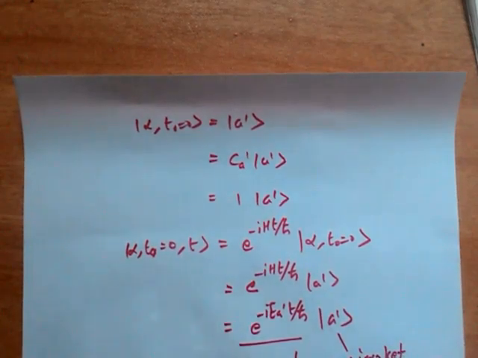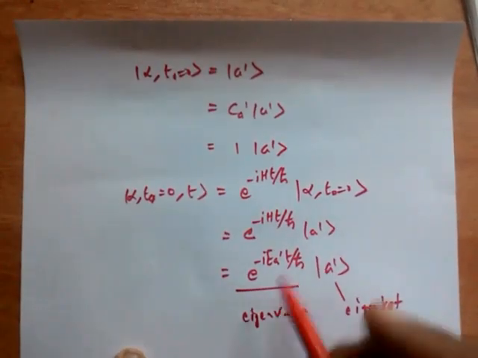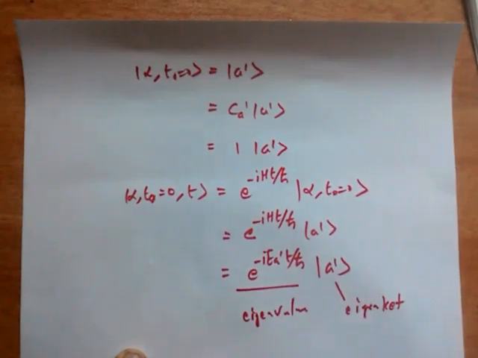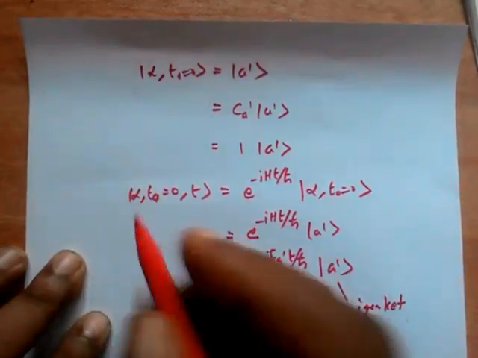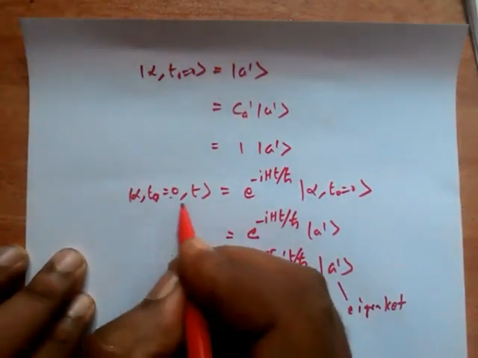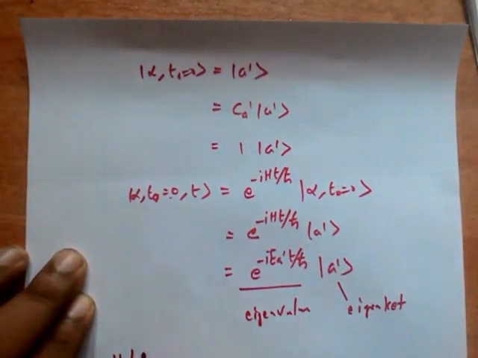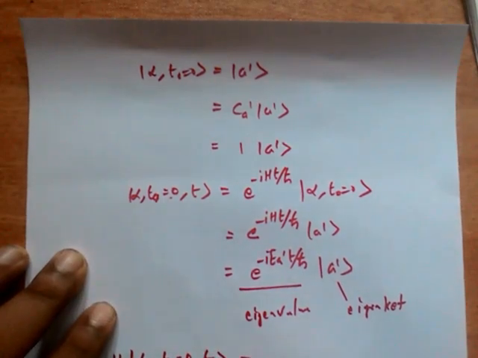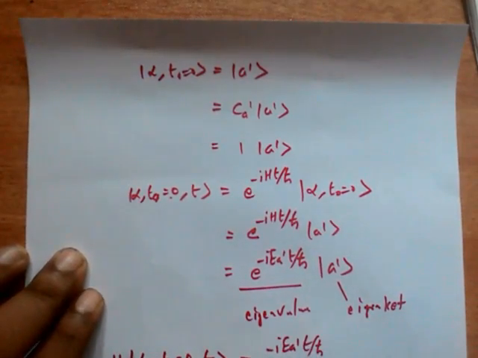Okay, this is the eigenvalue and this is the eigenket. Let us do an operation with H on this state ket at time t, that is alpha at t_0 equal to 0, t. We will get e raised to minus i E_a' t over h cross into H operating on |a'>.